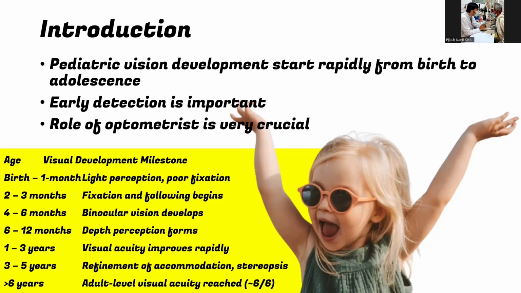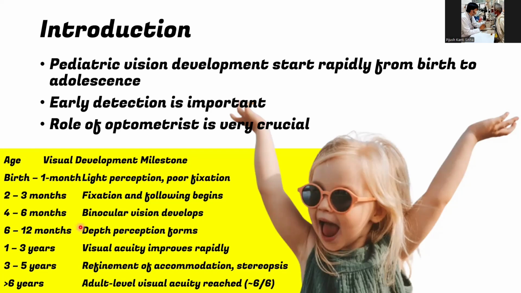Now let's go to 2 to 3 months of age. By around 2 to 3 months, babies start to do fixation and following objects. You will notice them tracking a moving toy or a parent's face. That's when eye coordination starts developing. Then in 4 to 6 months, binocular vision development starts.